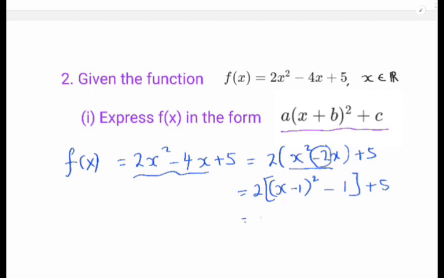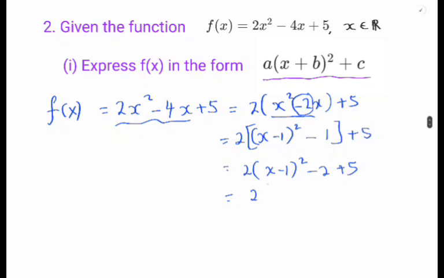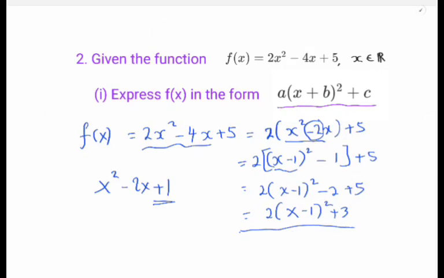So this is same as 2 (x minus 1) squared minus 2 plus 5, which equals 2 (x minus 1) squared plus 3. The final answer is this. Okay, so that is your answer here.